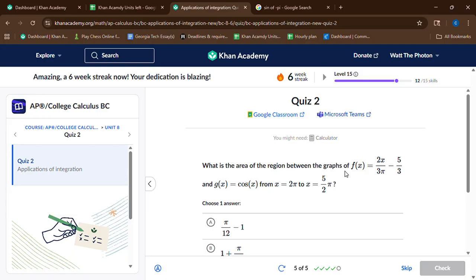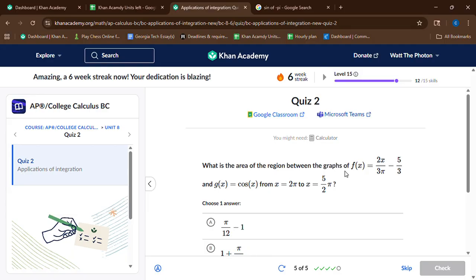So we get equals x squared over 3 pi minus 5x over 3 minus sine of x. And we just substitute values in.